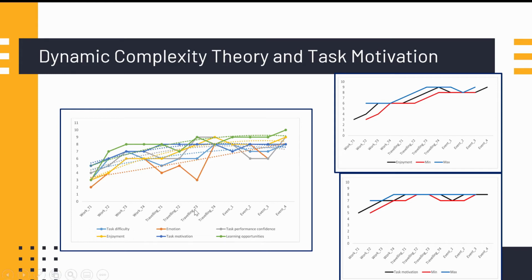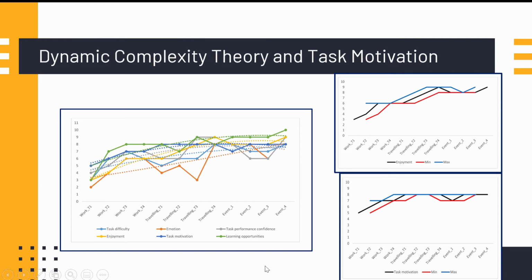So as I mentioned, without conducting this longitudinal study over one semester, by implementing different types of tasks at different times with different foci, we would not have been able to see these changes or trends, right?